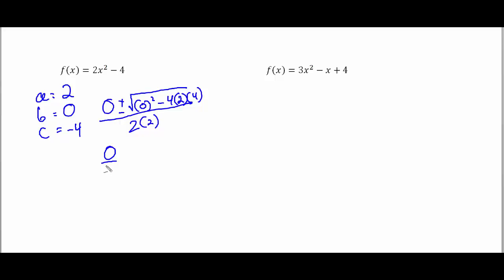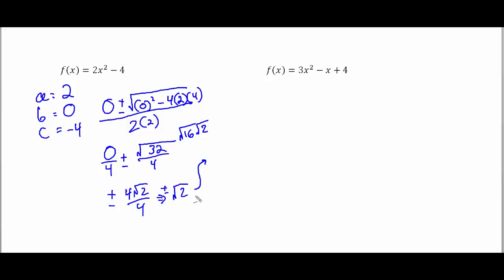So our first part is 0 divided by 4, which will simplify to 0. And then our numerator here is 32, if you compute that discriminant, all divided by 4. So what I have now is 0 plus or minus the square root of 32 over 4. The square root of 32 can be simplified into the square root of 16 times the square root of 2, or 4 square roots of 2 over 4, which also then converts to plus or minus the square root of 2.